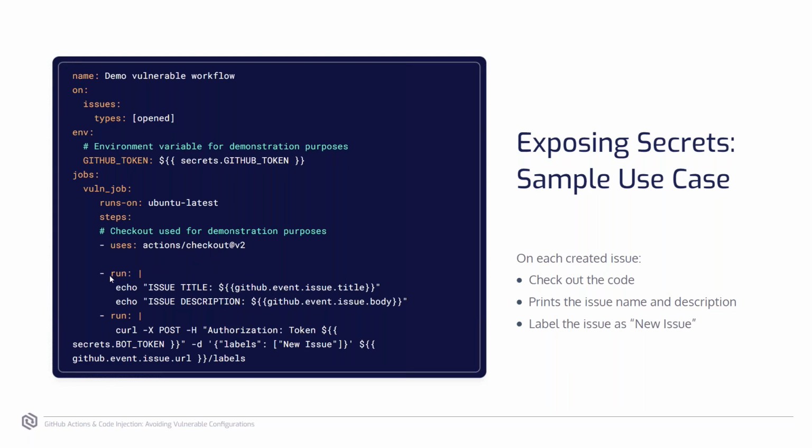The second command will be printing the issue title and the body. And the third run command would be issuing a request to GitHub API and adding a label to the issue that's called new issue.